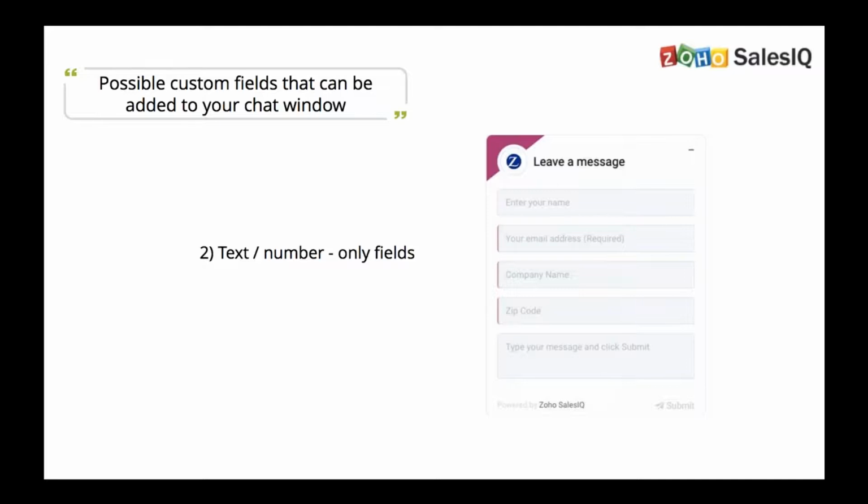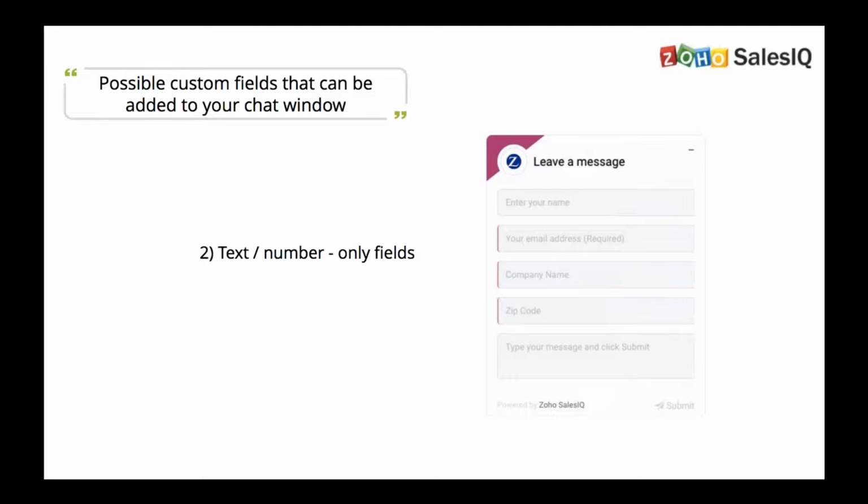You can probably restrict it to only alphabets if you want to, so people don't enter anything else. And the next is zip code. So zip code, you can restrict it to be a numeral only field, so people can only enter numbers. So nothing like dots, or not applicable, N/A, or any other alphabets, to just get away from giving the correct zip code.